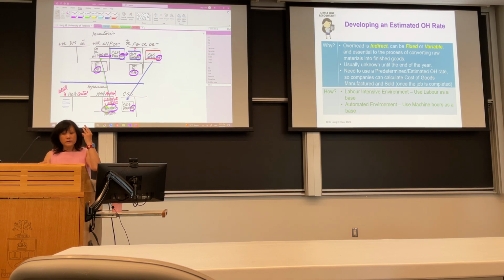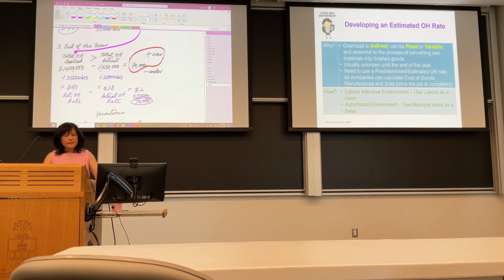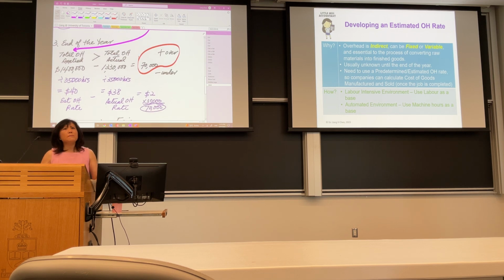There are three different methods I'm going to tell you. So if you think this 70,000 is small, not significant, we call it immaterial, not big. Normally, what do we say is big or not big? Usually it is less than 10% of the actual.